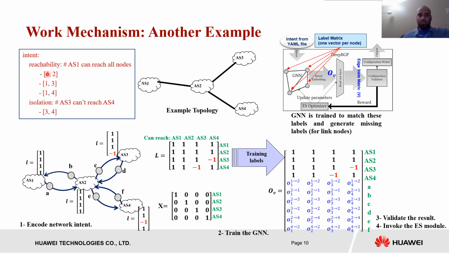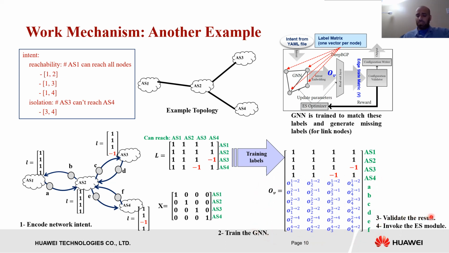Then we take the intent from here and encode it in the nodes, as we can see in these labels here, and then we collate these labels and generate a feature vector for each node. As we can see, it's an identity matrix, and then we apply the semi-supervised training for the GNN, and then we generate the output of these intermediate nodes, which were unknown to us.